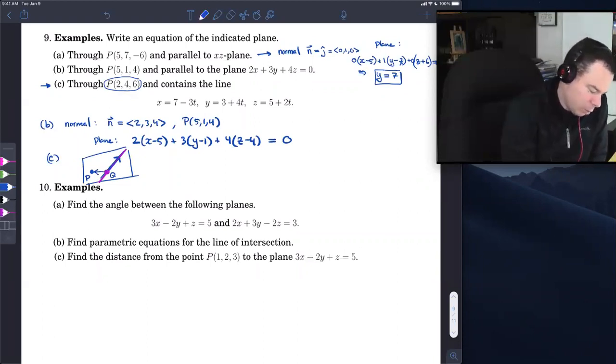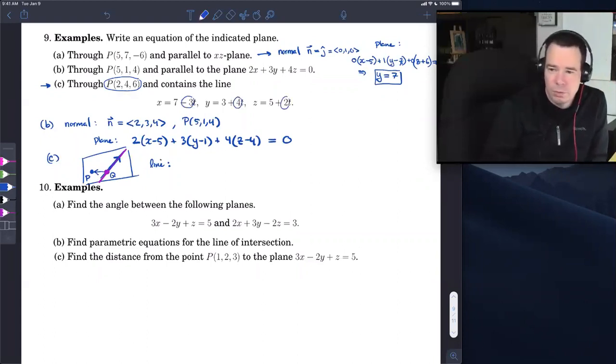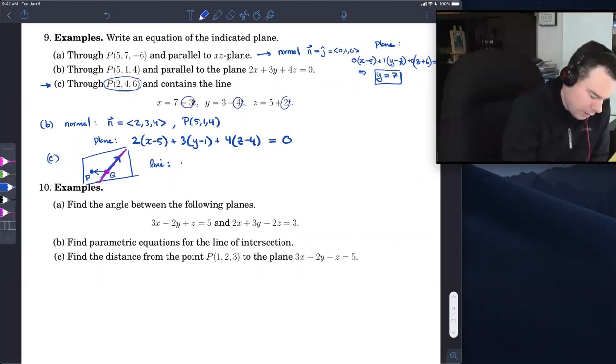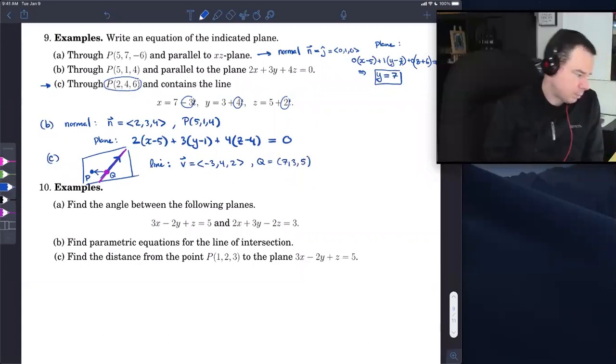What I get is the vector that points in the direction of the line, which I read off from the values in front of the parameter t. So we have a direction vector that's -3, 4, and 2. And we also know a point on that line, that is 7, 3, 5.